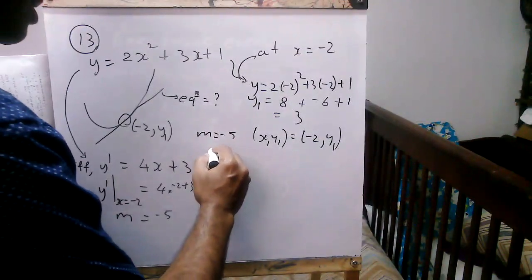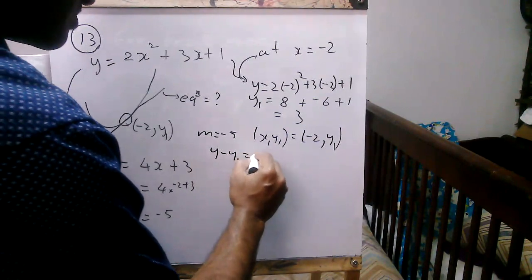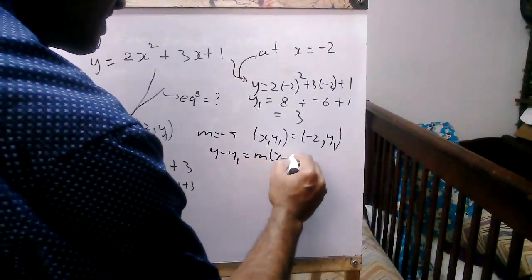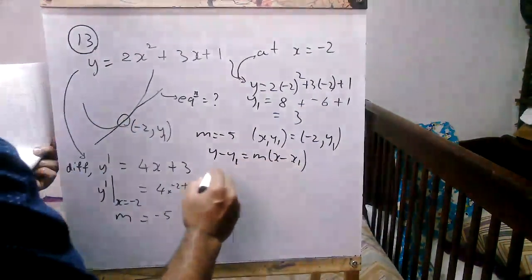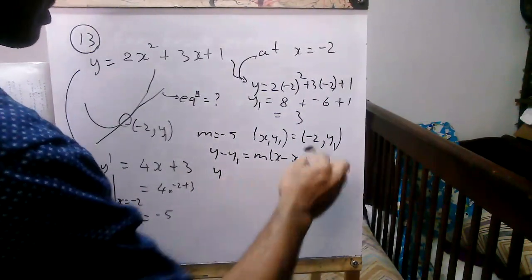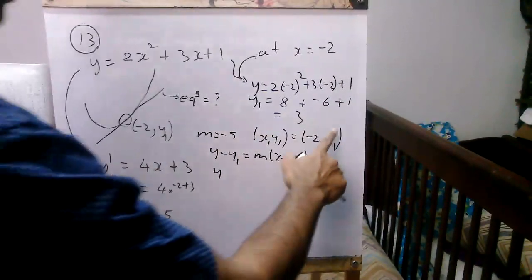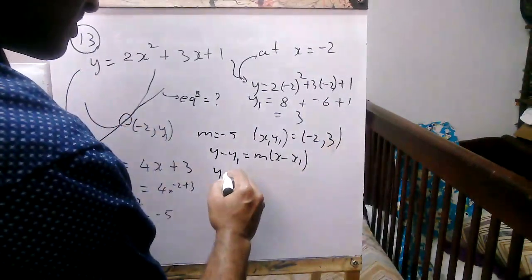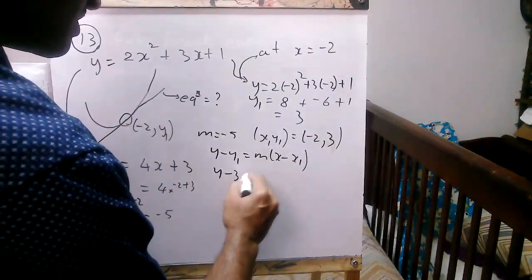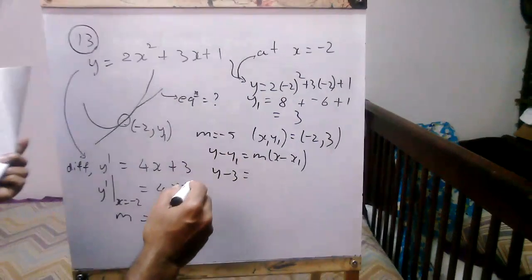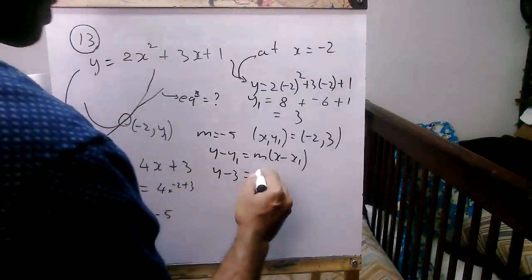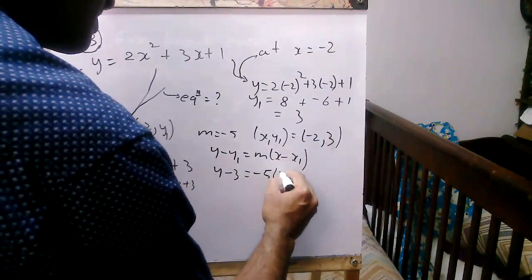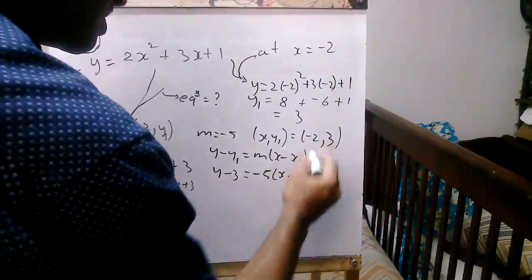We can substitute this into y minus y1 equals m times x minus x1. y minus, negative 2 comma 3, y1 is 3, minus 3 equal to m is negative 5, x minus x1 is negative 2.